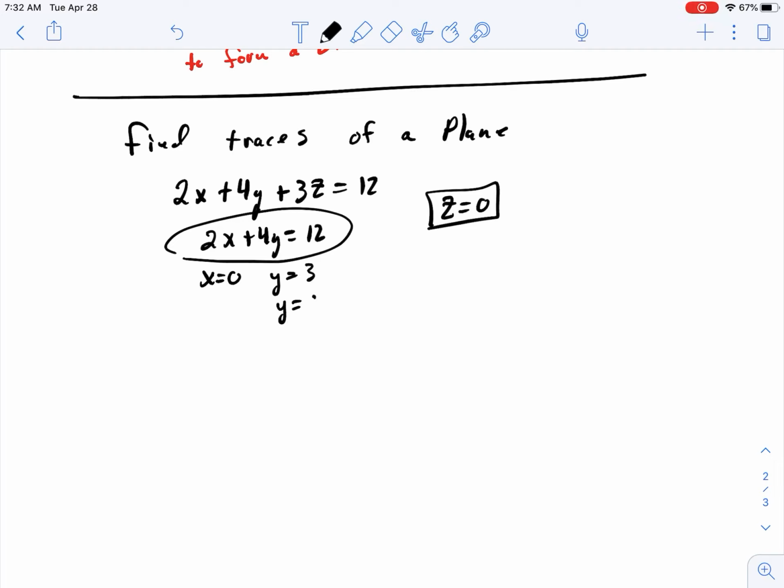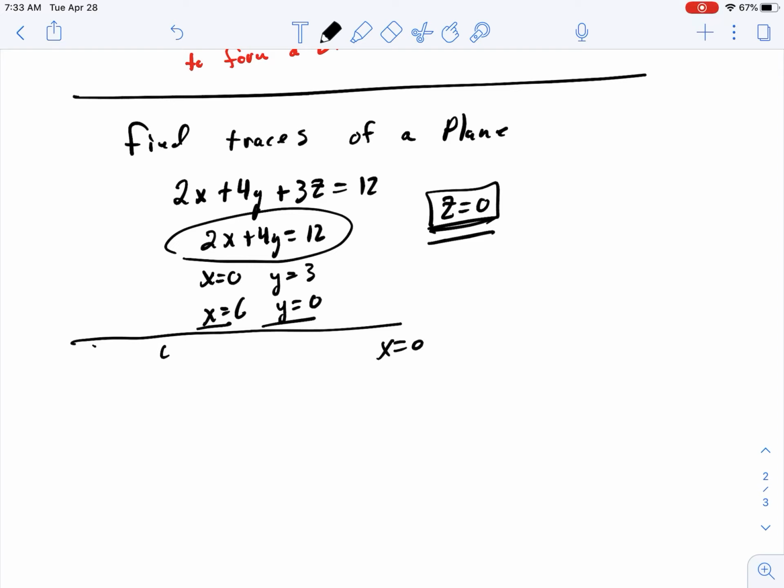So if x is 0, y would be 3. Or if y is 0, x would be 6, provided that z is 0. So in Algebra 1 and 2, you just did it like this. What we're doing is finding a trace in the plane here.